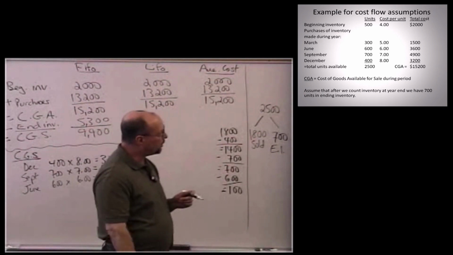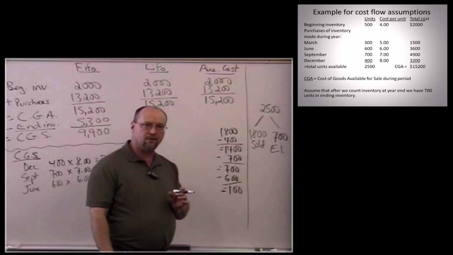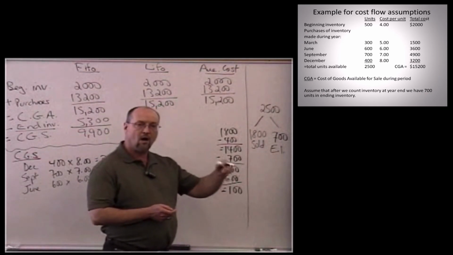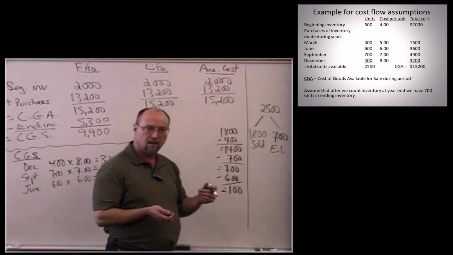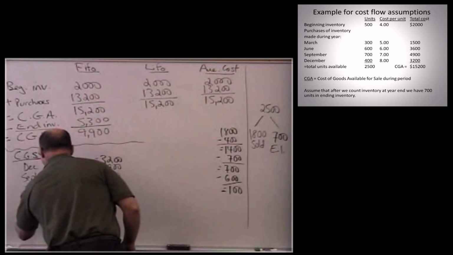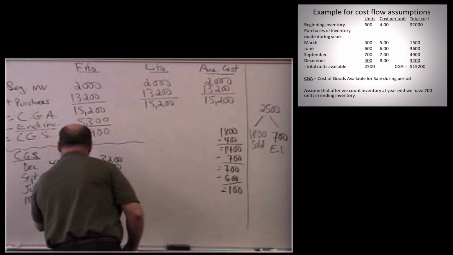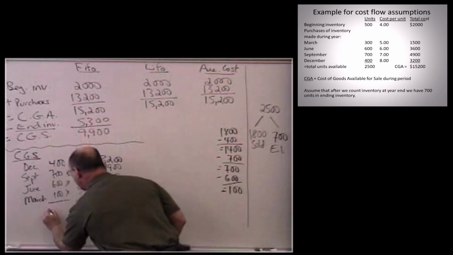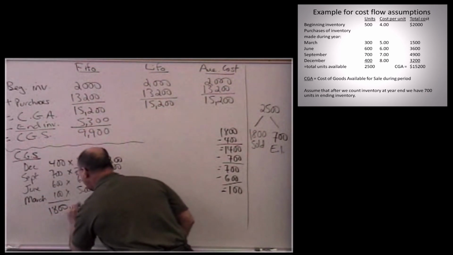In this case, March, we bought 300 of those units, but 100 of them were sold. That means 200 are still in ending inventory. They weren't sold. So for cost of goods sold, March, I'm going to take 100 of those items at $5 each. That's $500. Again, here's my 1,800 units sold.